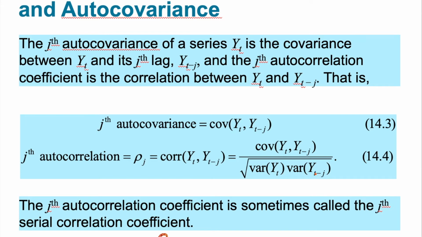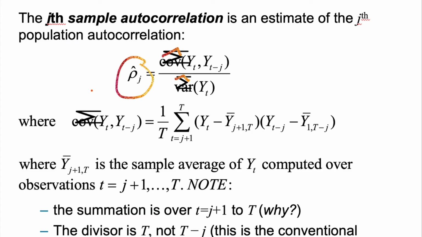As you will later see throughout the chapter, we want to be able to assume stationarity, so that the variance is constant and the distribution is constant over the sample. So the variance does not depend on time. These two variances are the same, which means that this denominator simplifies to the variance of yt.